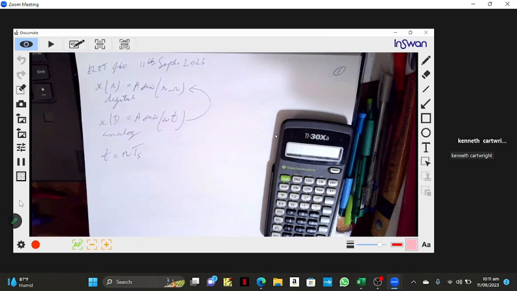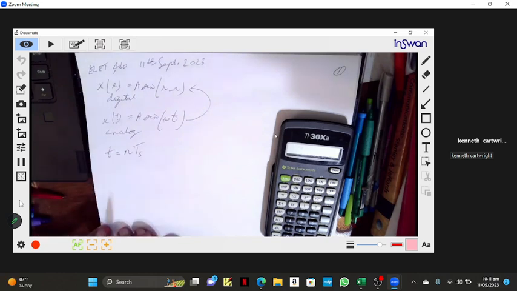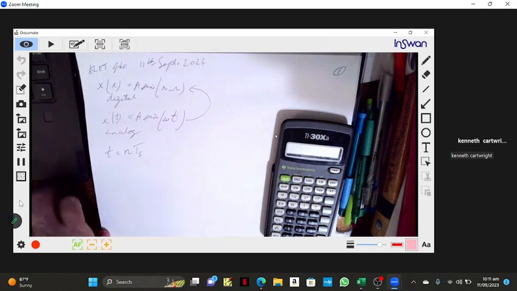No. No. Ts is the sampling period. The sampling period. Okay, so x of t then becomes x of nTs, a sine omega nTs.